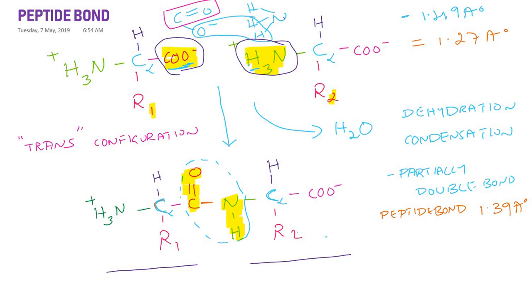But there is an exception, proline. This amino acid can form trans, and sometimes it can be cis configuration. But the majority of amino acids, when they form a peptide bond, have the C double bond O and NH in trans configuration, that means opposite sides. This is good because it keeps the R groups away from one another.